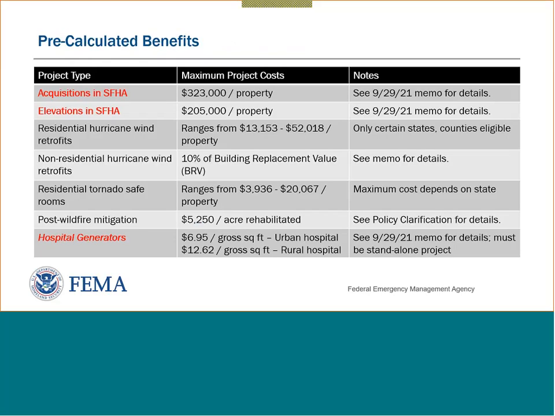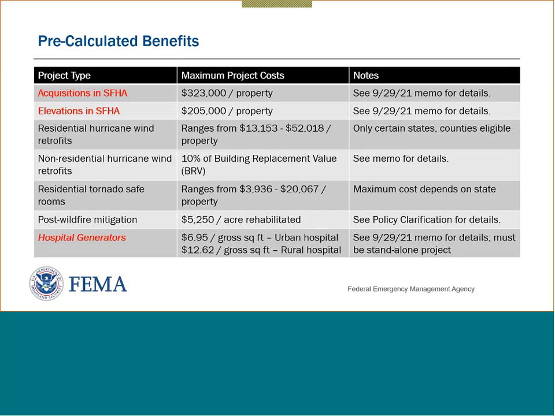So basically what it means is if your project costs come in under what the pre-calculated benefit is, you do not have to do a benefit cost analysis. It's automatically considered cost effective. So if you're doing an acquisition in the special flood hazard area, or I believe the memo on pre-calculated benefits for acquisitions and elevations provides language to the effect that if you've got an identified flood hazard area and you can demonstrate that, that also counts.